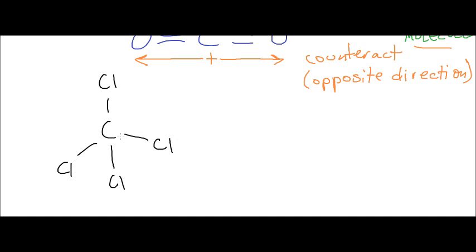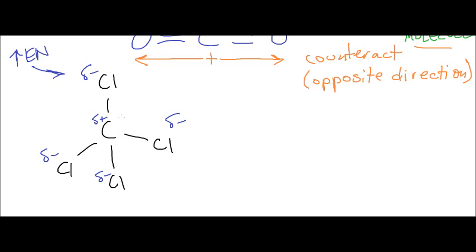So the bond between carbon and chlorine is considered polar, right? If we look at one of these, we know that the carbon is slightly positive and the chlorine is slightly negative. Chlorine has the higher electronegativity number, so chlorine is slightly negative, all of them slightly negative, which means carbon is slightly positive.